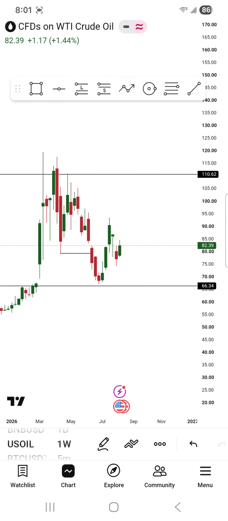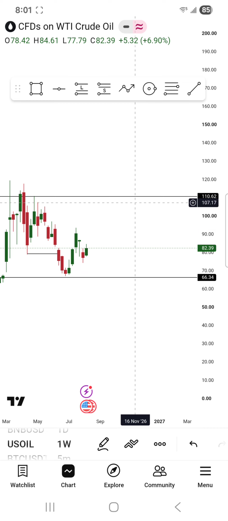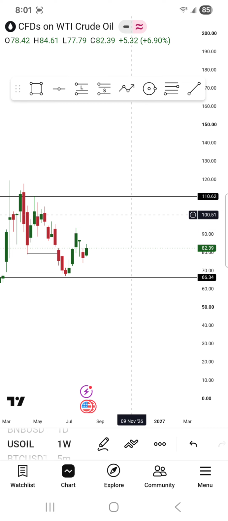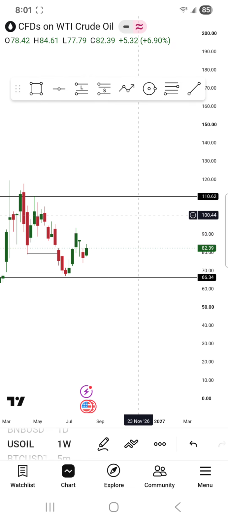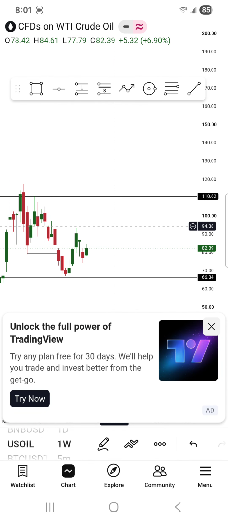Now that we have marked that out, this area you see here, guys, from the high to the low becomes our trading range. That is the area we want to concentrate in taking our trade, as of the time of this analysis.